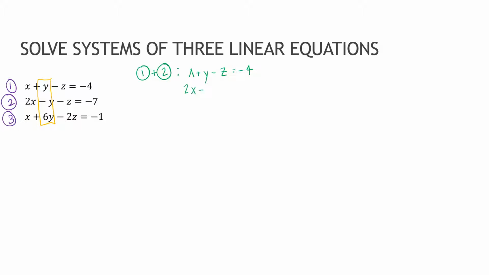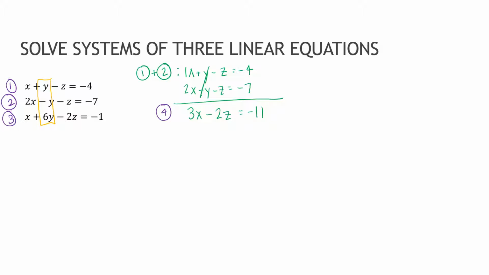Equation 2, 2x minus y minus z equals -7. x plus 2x is 3x. y plus -1y cancels, which is what I wanted. Negative z and negative z is -2z. And -4 plus -7 is -11. So that is what we're going to call equation 4.